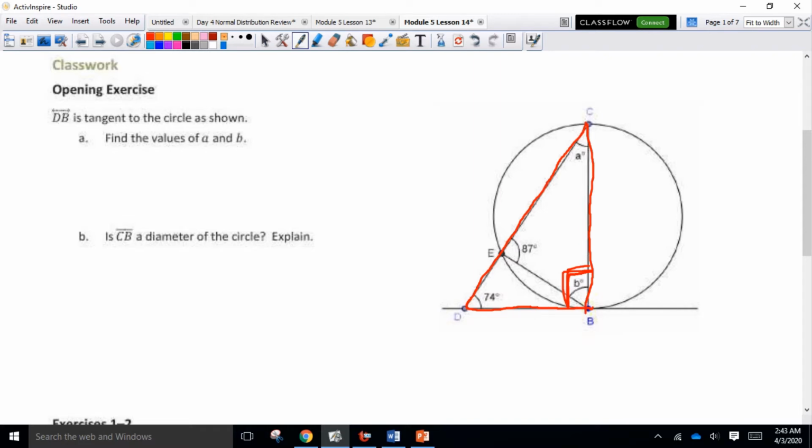There. So if I look at that, I do 90 plus 74, and I get 164, and then 180 minus 164 is 16. So A is 16.